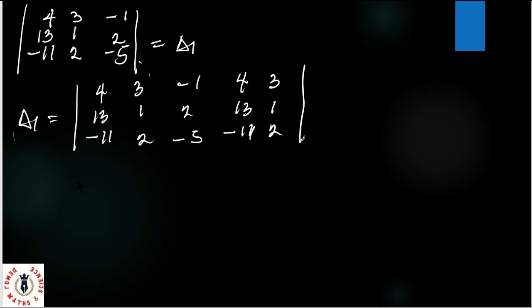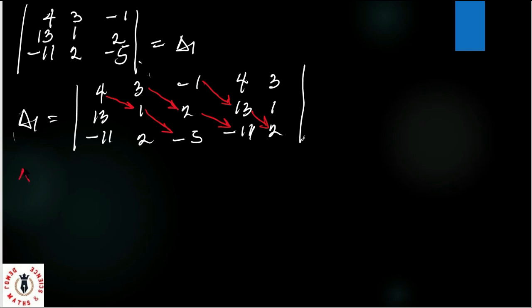Let's pick our major diagonals. Here's my first diagonal like we did in the other matrix. Now this will go to 13. For the second diagonal, that goes to minus 11, and this goes to 2.